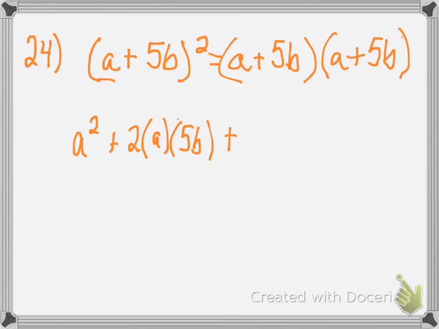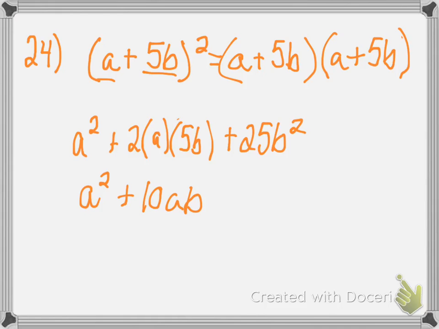Then plus, I have to square my last term, which is 5b times 5b, which is 25b squared. So I have a squared plus 10ab plus 25b squared. And if you FOILed what I wrote up there, you should get the same answer.